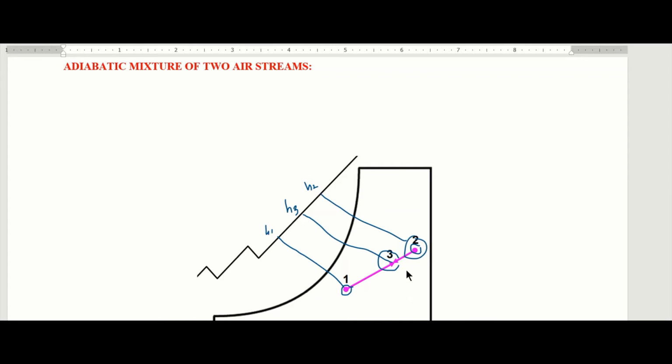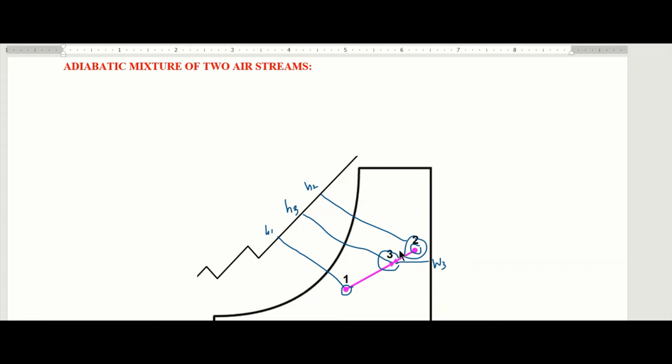So here will give us our new humidity ratio. Okay, so we will look at some formulas of how we can use this process to find the new or final condition of the air.